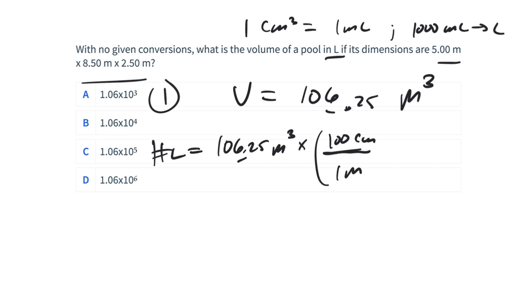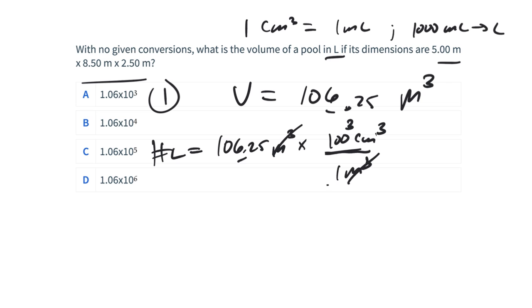I have to cube my entire conversion factor. I really need to convert cubic meters so that it cancels out. So I have to cube the conversion factor. So 1 meter by 1 meter by 1 meter in centimeters would be 100 by 100 by 100.